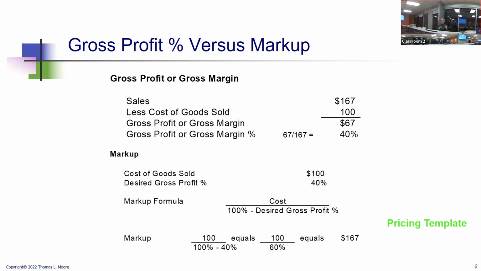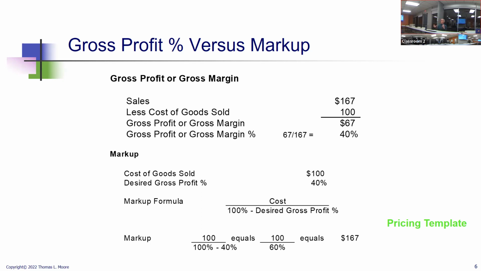Remember, cost of goods sold is those costs directly associated with selling and providing my product. So I've got $100 identified there, which means my gross profit or gross margin is $67. If you divide 67 by 167, which is your total sales, you come out with 40%. So effectively, your gross margin percent or your gross profit percent is 40%.